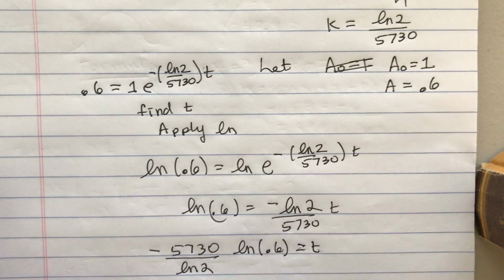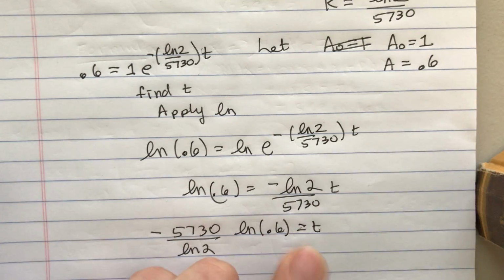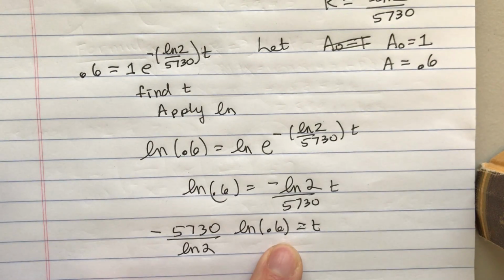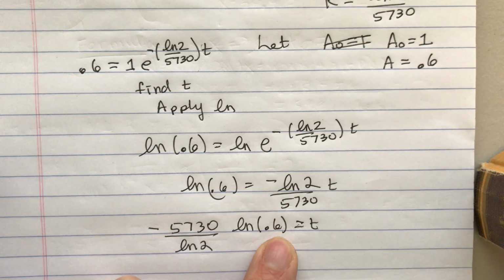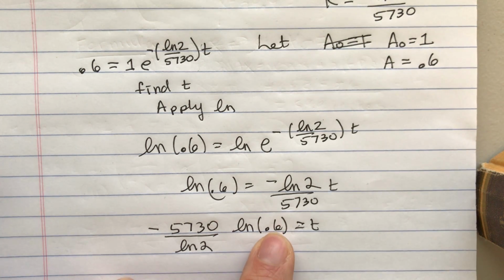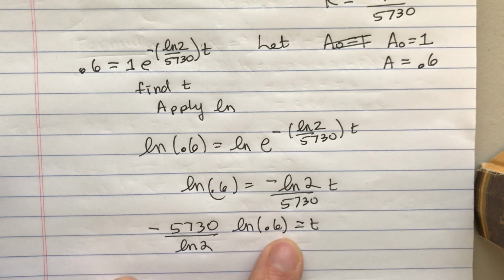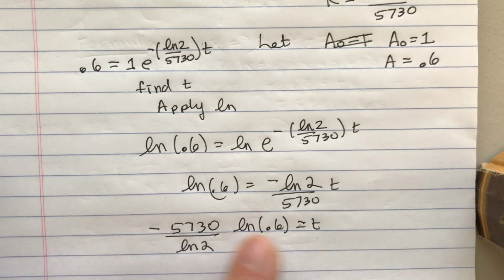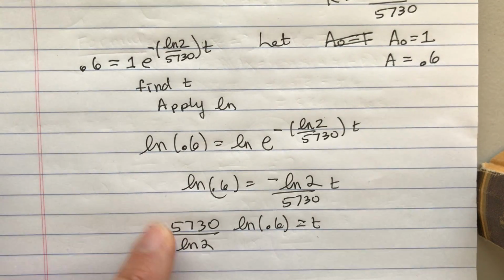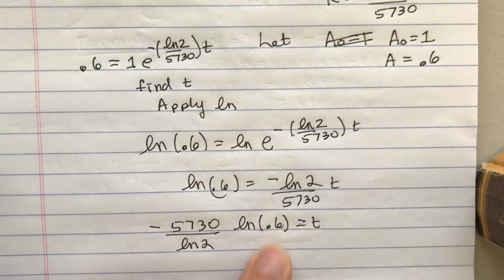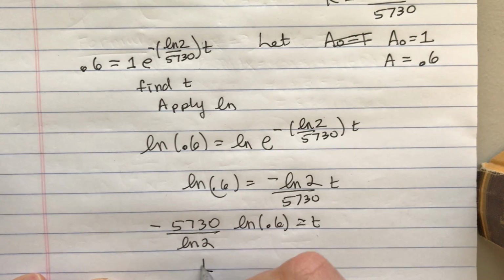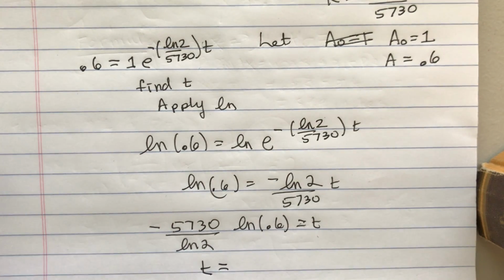Now the logarithm has domain all t greater than 0, and ln of 1 is 0, but ln 0.6 is a negative number. So t should be positive. It looks negative because I have a negative here, but ln 0.6 is also negative, so you can really see it if you use a calculator.